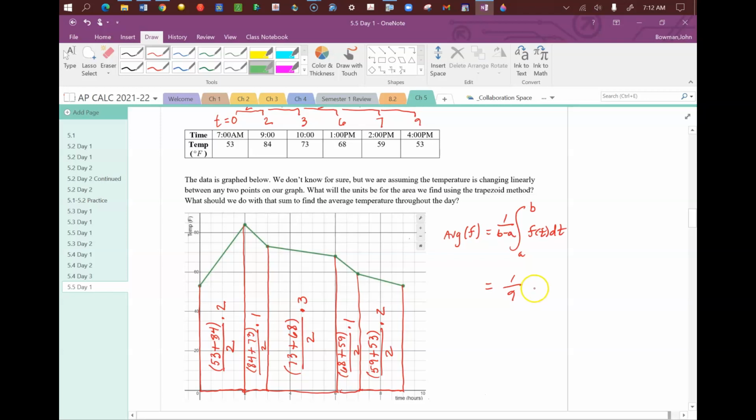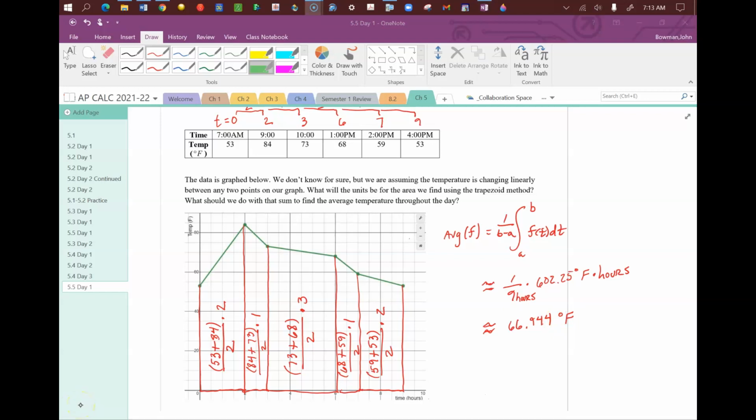And this trapezoid method gives us a value of 602.25 degrees Fahrenheit times hours, but the 9 is in hours, so the hours are going to cancel each other out, and so our average value is approximately 66.944 degrees Fahrenheit.